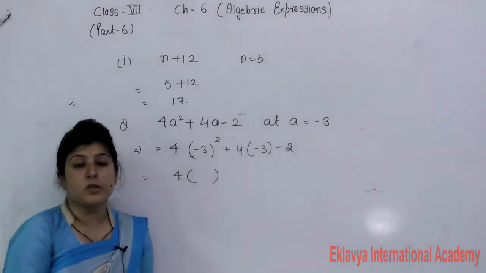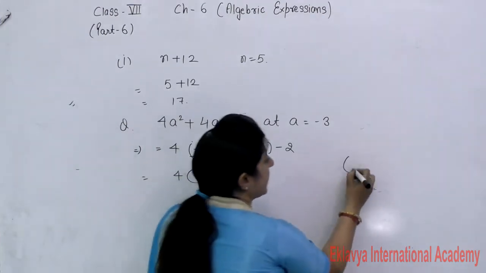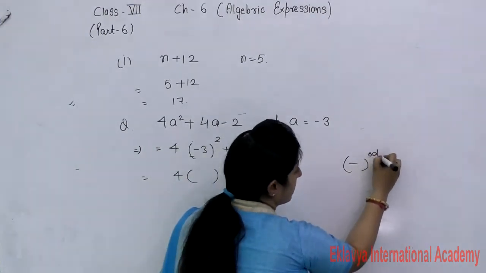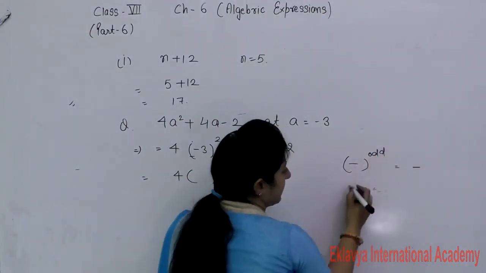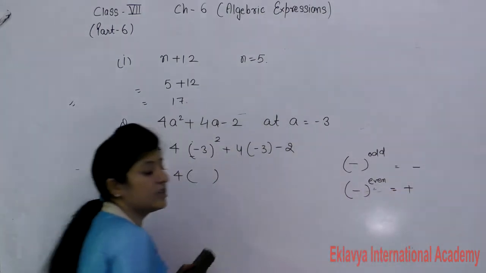Minus 3 power 2, it means whenever we are taking a negative number to an odd power, we get a negative result. If we take a negative number to an even power, we get a positive result.